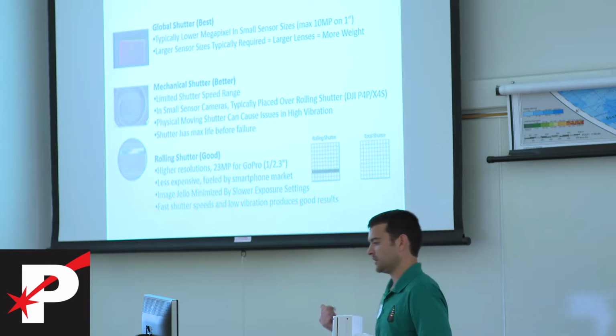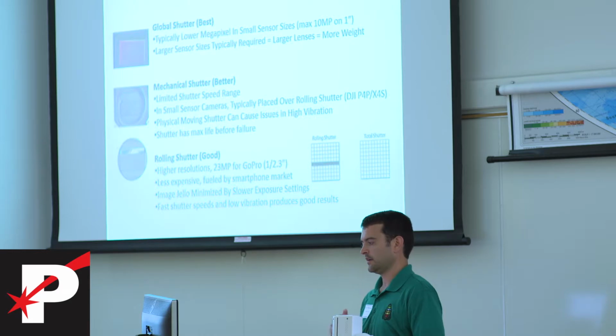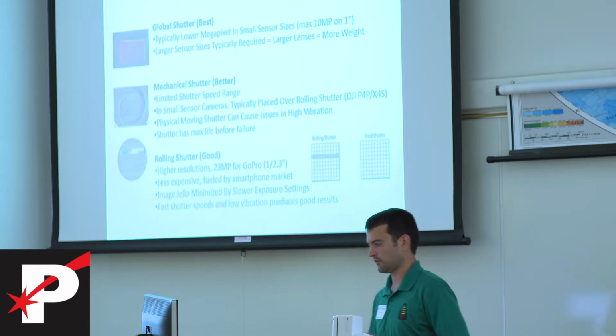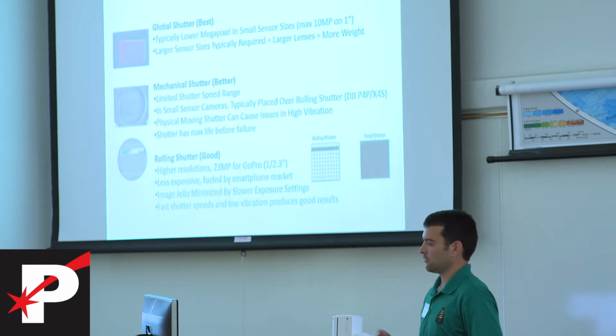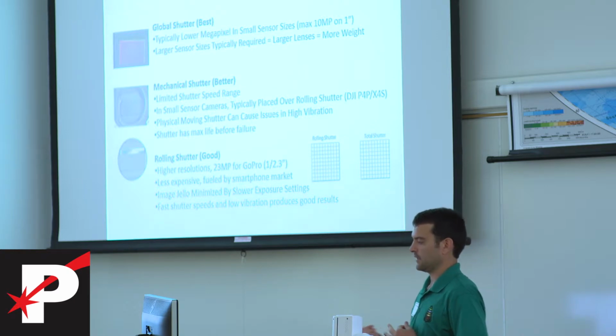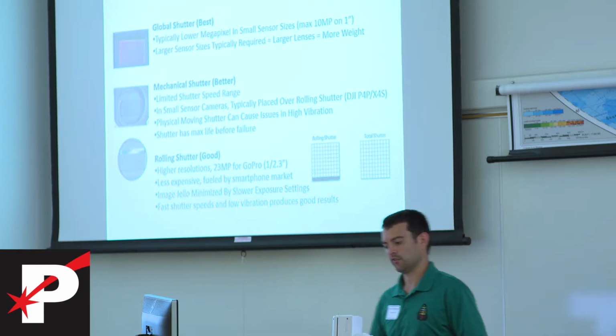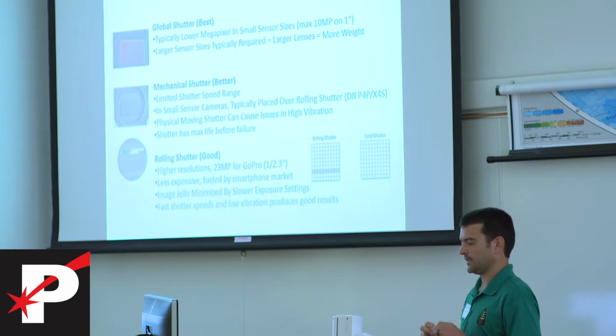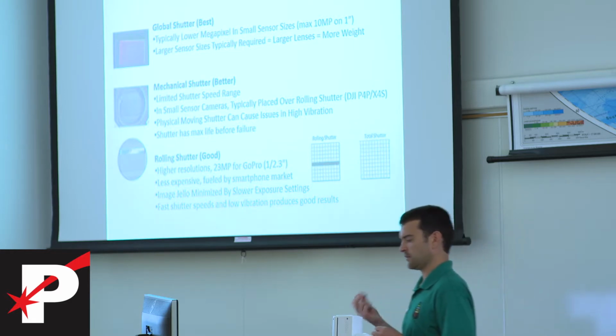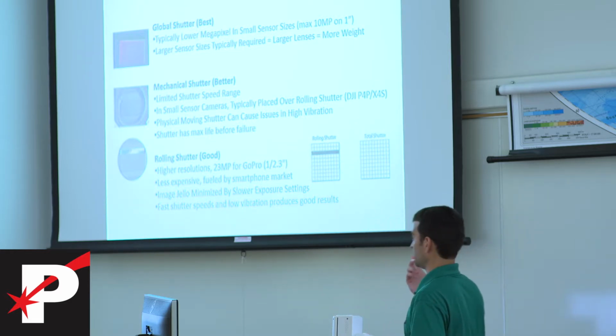So some of the issues with mechanical shutter we already talked about: high vibrations, and the shutter has a life, a max life. Rolling shutter, as I said, is fueled by the cell phone market, and so there's lots and lots of tiny, high resolution sensors. I think Sony definitely has a 23 megapixel.